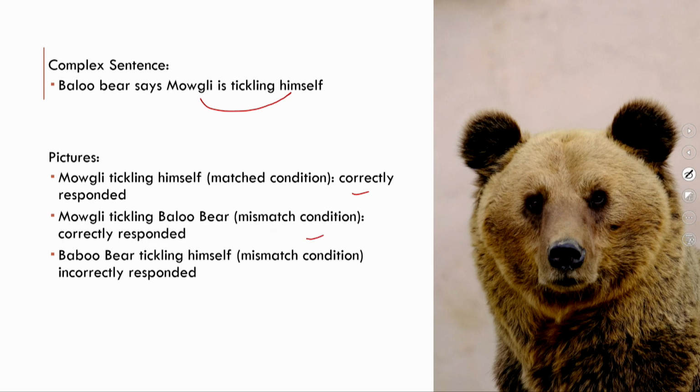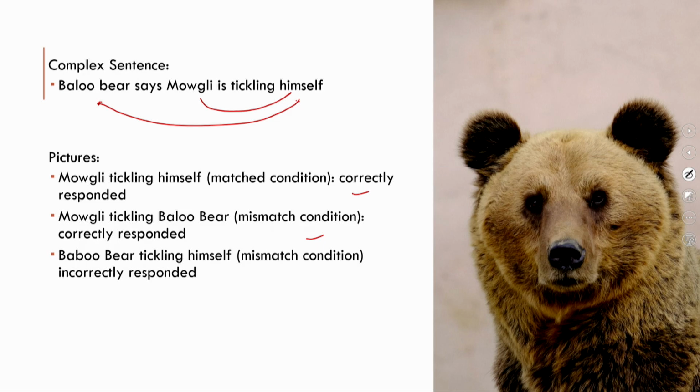Baloo Bear tickling himself was also a mismatched condition, but here the response was mostly incorrect. Why? What is happening here is that these children, the SLI subjects, interpreted "himself" as Baloo Bear.